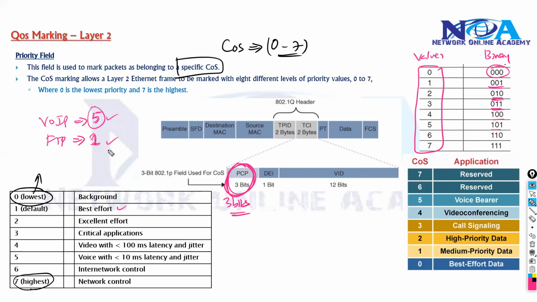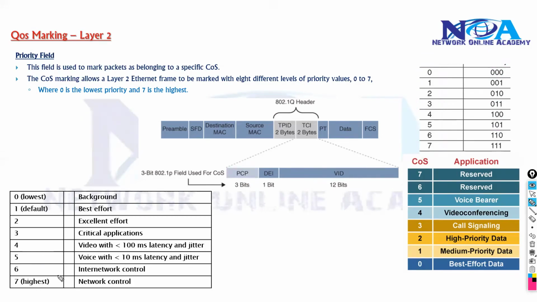So we can use these marking values as frames move through the switch network. These Ethernet frames can be marked with any of these values, where 0 is considered the lowest priority and 7 is considered the highest priority. In terms of marking, we'll be using the values from 1 to 5.